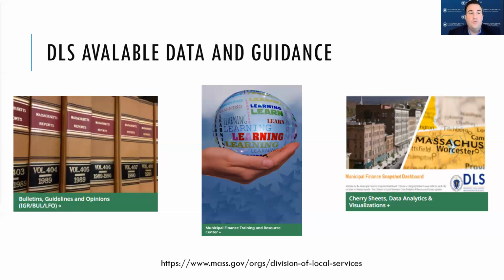At any point, you can look at IGRs, bulletins, or legal finance opinions, and hopefully you'll find something pertaining. If you don't, feel free to call the legal department. They do have an attorney on that is very knowledgeable each day, and you can ask very complex questions, and it's a great resource.